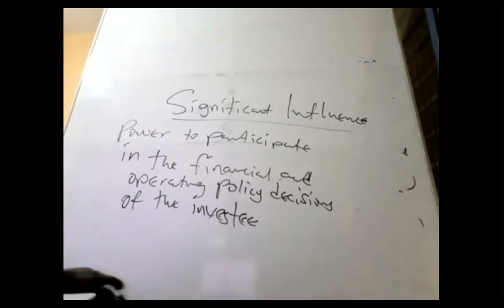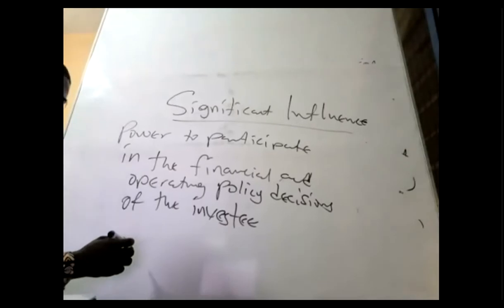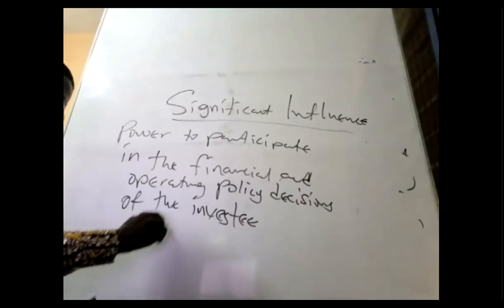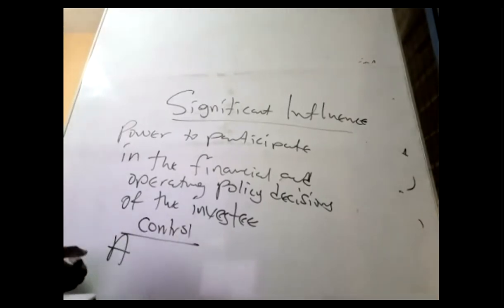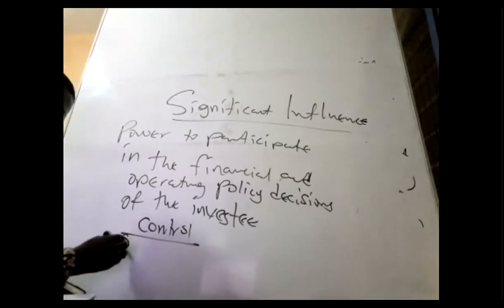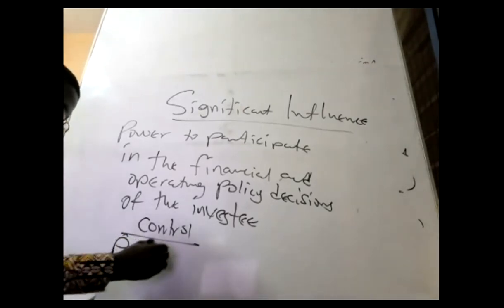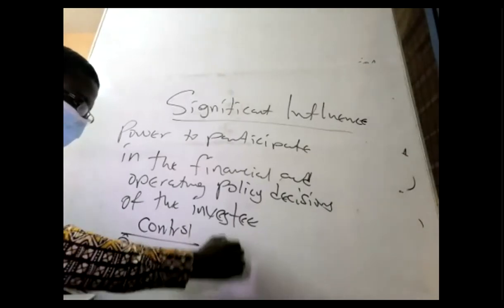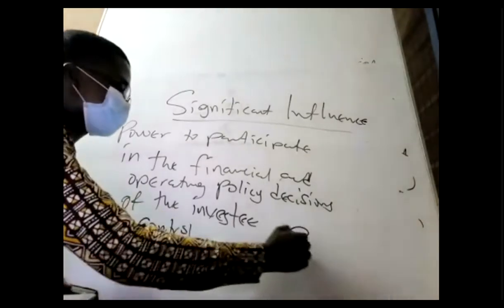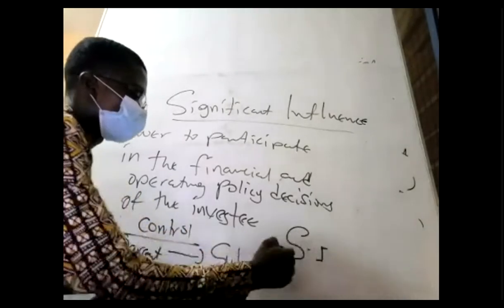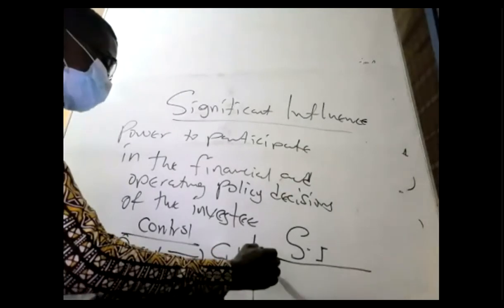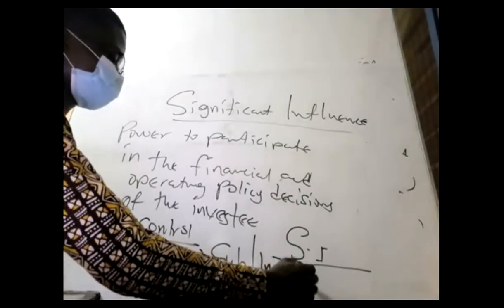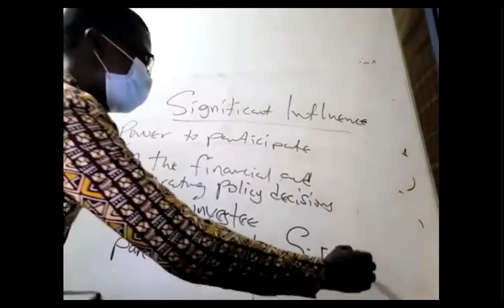And you should know the term. The one that has control is called parent, right? Good. So under control, you have what you call parent versus subsidiary. Take note. Under significant influence, we have what we call investor and investee.